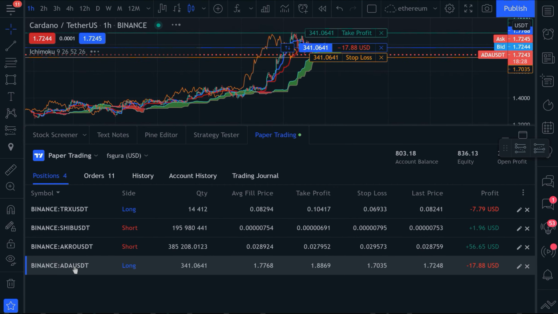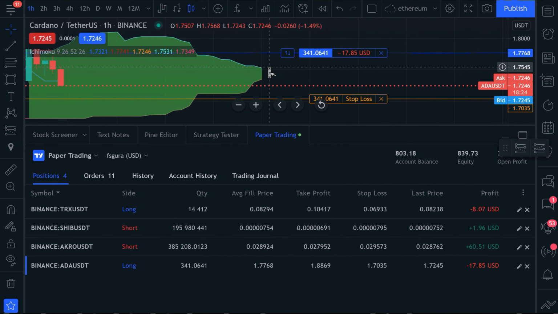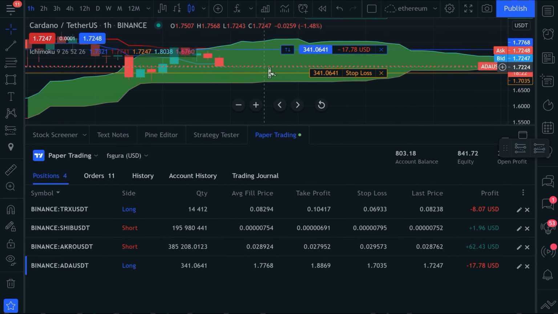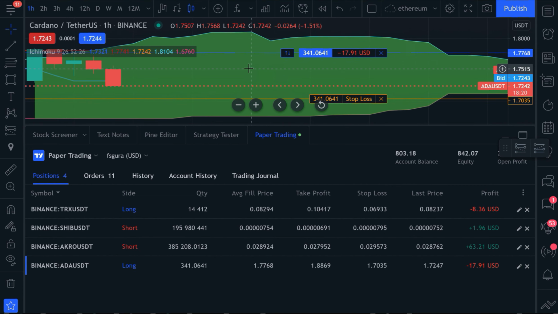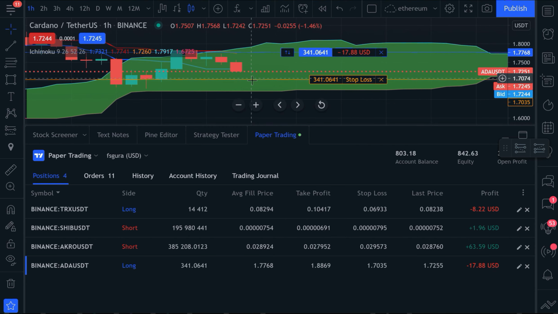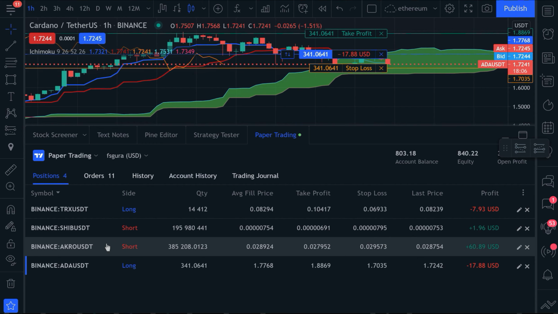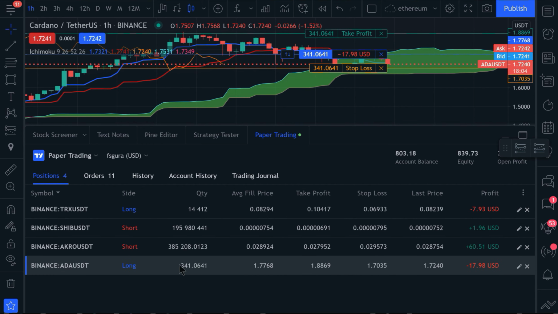So especially this one on ADA was a very interesting entry. We should check for the symbol where we have it. But effectively, we have a good strategy. We had a good strategy on stop loss because we never got triggered from here on the stop loss and take profit. So ADA is interesting.